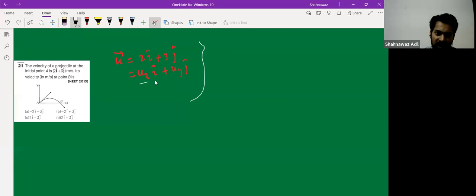The horizontal velocity, na? Your ux doesn't change because Vx is what? Ux plus axt, and your ax is what? 0, right? So Vx is always equal to ux. So horizontal velocity doesn't change, right? Understood?